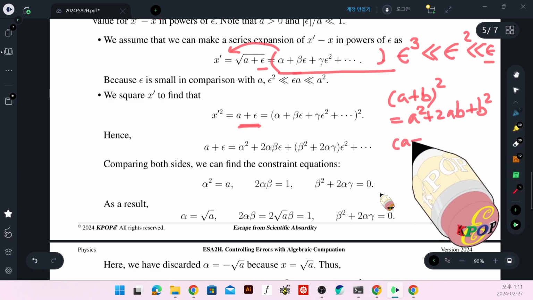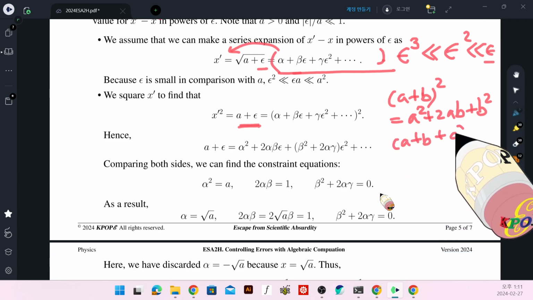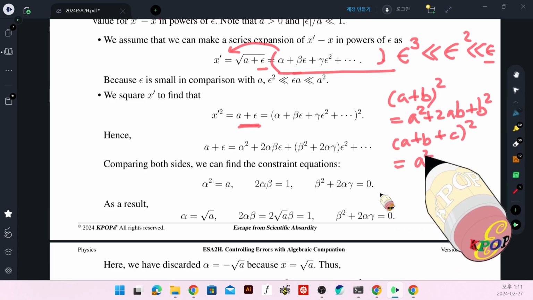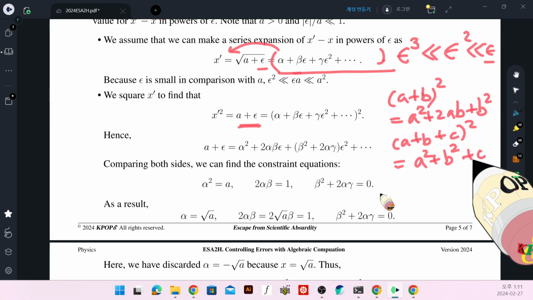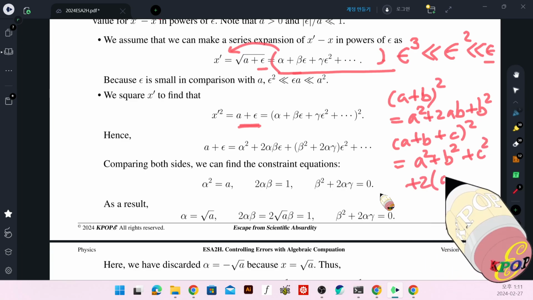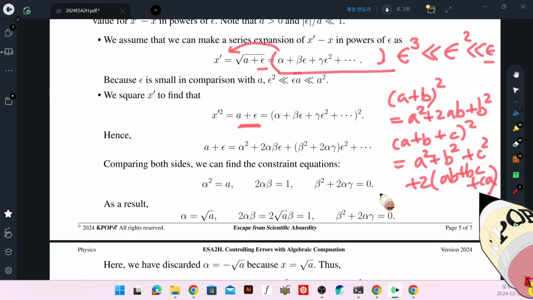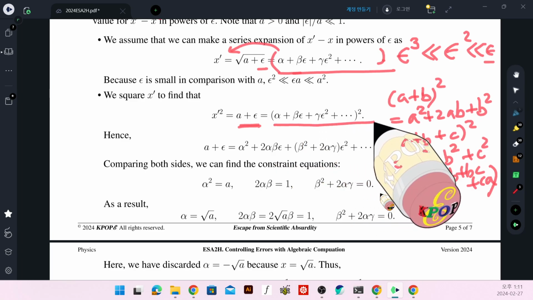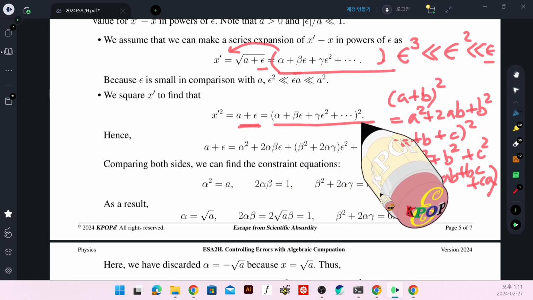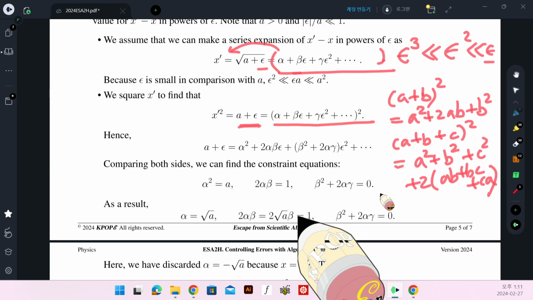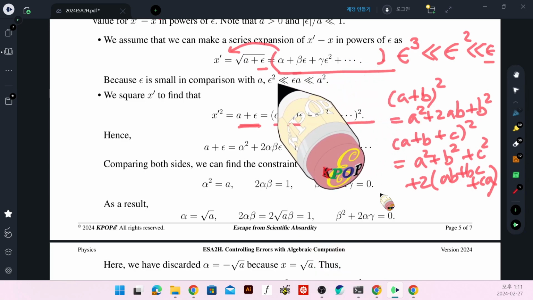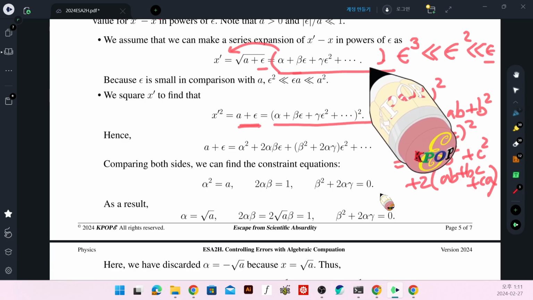What happens in the case if I have three terms, a plus b plus c squared? It is a squared plus b squared plus c squared plus 2ab, 2bc, and 2ca. So in this manner, I can expand the right-hand side. However, what we are interested in is leading contributions in powers of epsilon.